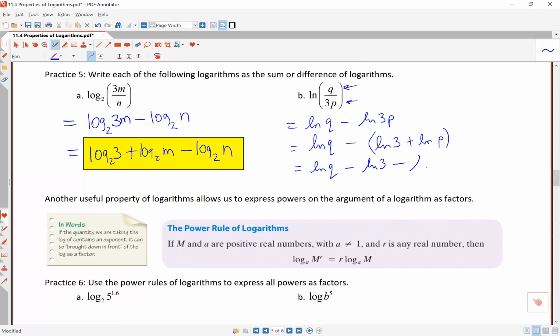So it becomes a minus natural log of p. And it's for that reason that it's helpful to remember that anything on the bottom is going to turn into negatives when you separate them down into their logs. Natural log of q minus natural log of 3 minus natural log of p.